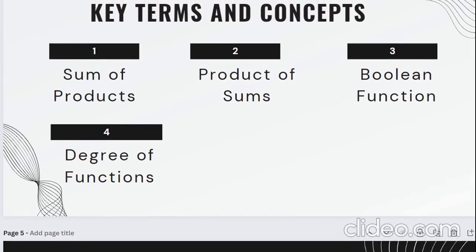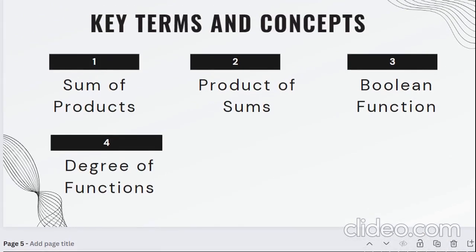Some of the key terms that we'll be looking at are sum of products and product of sum especially. The sum of products expression is an expression that is a sum of several product terms such that it evaluates to 1. And then the product of sum expression is also a product of summed terms which evaluates to 0.